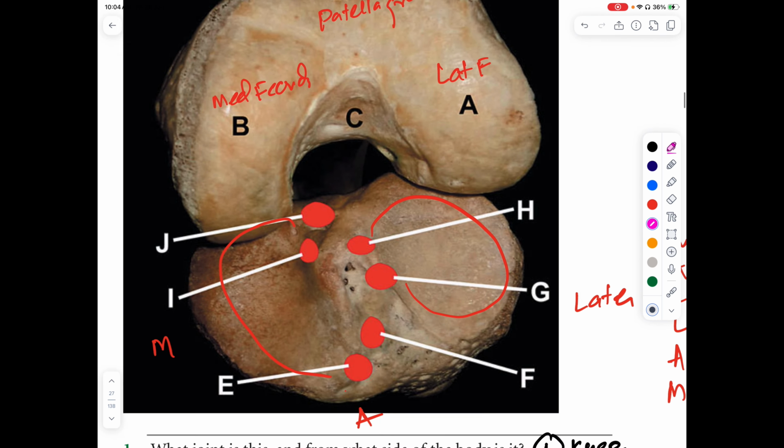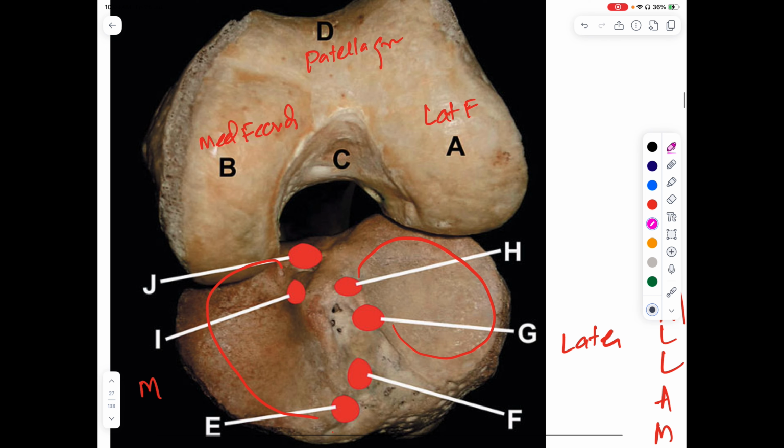So this is another structure. We get a knee joint, with the lateral femoral condyle and medial femoral condyle. This one is a space, and you see these are the attachments. So these are the points. You call this the medial meniscus, M, A, anterior cruciate ligament.